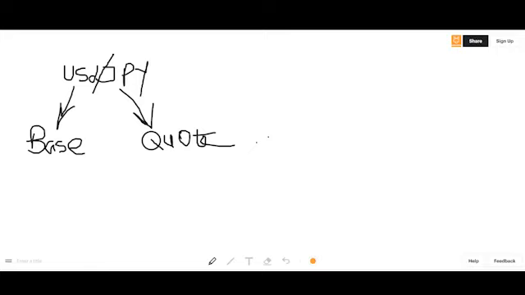Then one more thing is the account type. What kind of accounts can you register for? In the coming videos, I will definitely talk about different account types that you can open with a broker.